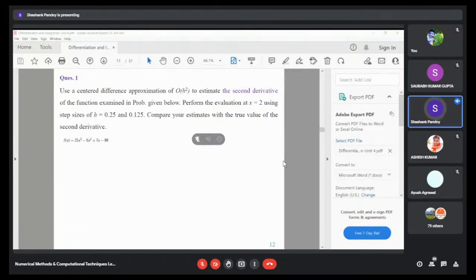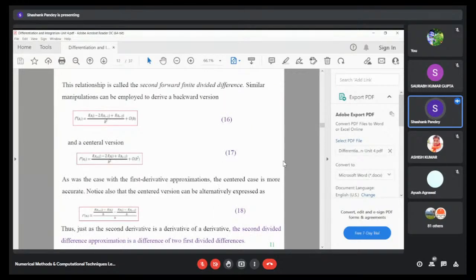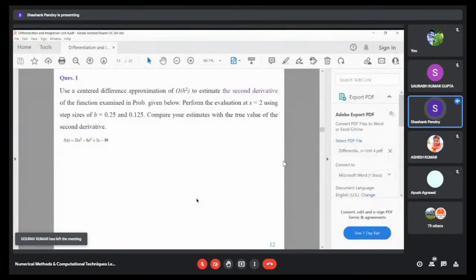Okay, I know that you are saying the exact value, but in the question we have been asked to estimate this using the center difference approximation, that is using equation number 17. We are supposed to give the answer using equation number 17. You have the slides with you. You can go back to the previous slide.